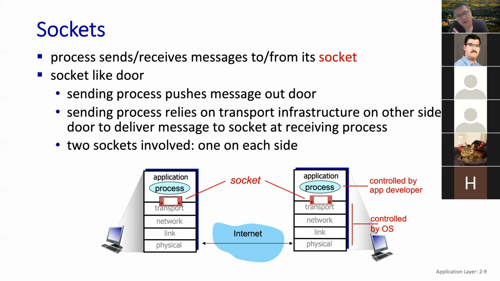Generally speaking, we can think about the socket as a software structure within the network node that serves as the endpoint for sending and receiving data across the network. It's a software structure within one node or host.